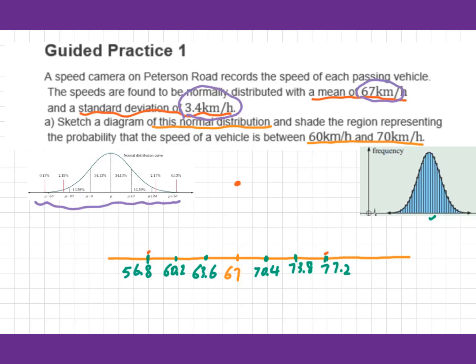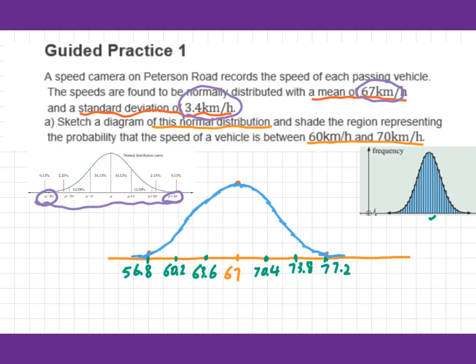That's the reason I keep adding this standard deviation so that we can get mean plus 3 sigma and mu minus 3 sigma. That's very close to the bottom already. Then I just draw the curve now.